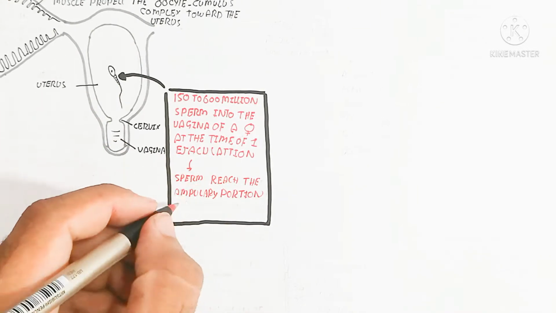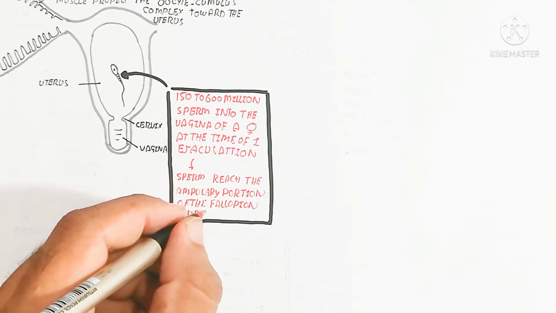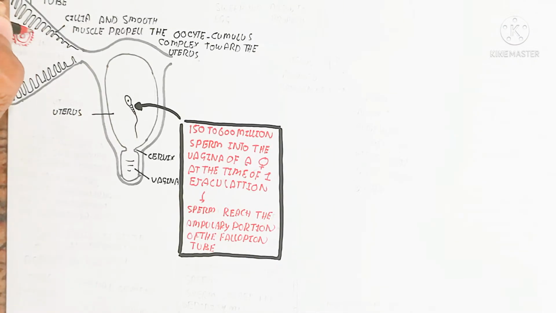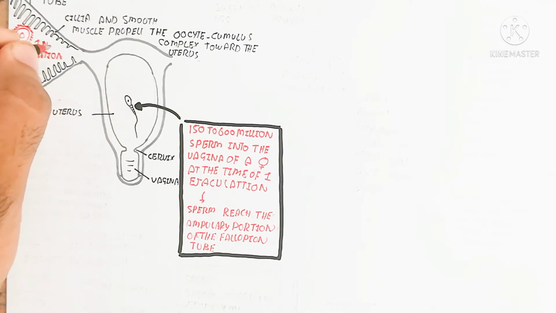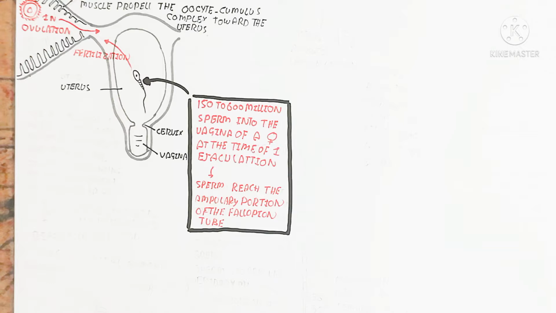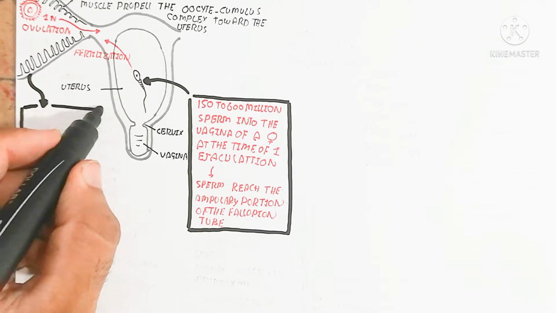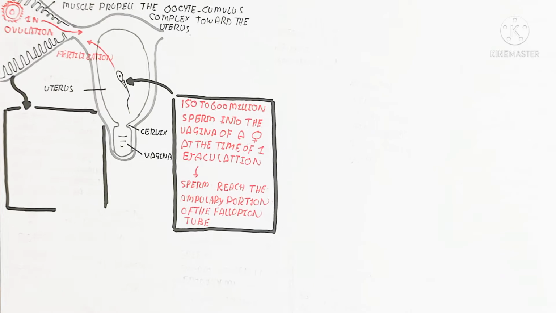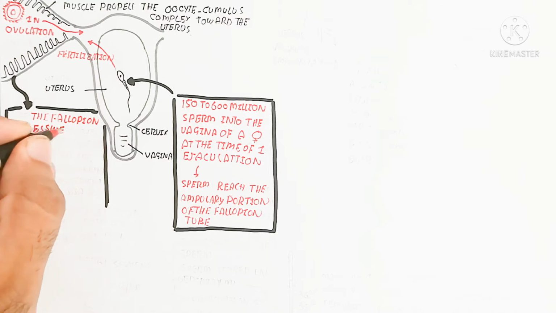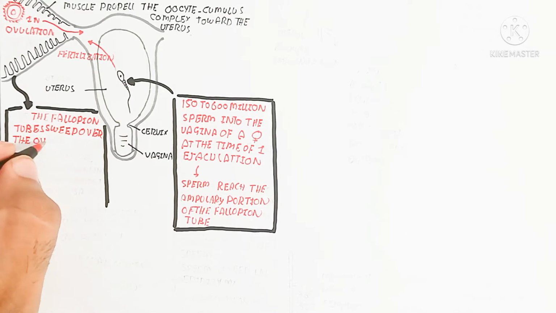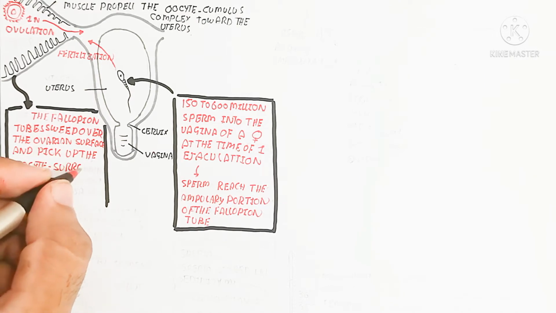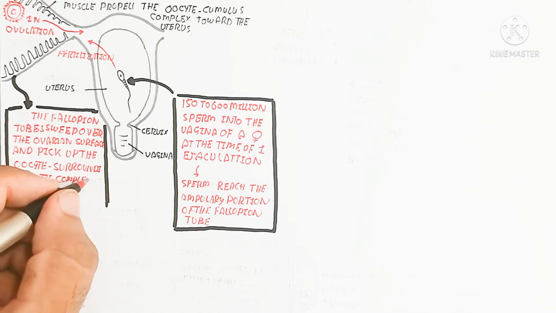The fallopian tube sweeps over the ovarian surface and picks up the oocyte surrounded by its complement of granulosa cells. The important thing is that the fimbriae are present at the beginning of the fallopian tube, which are also used to sweep up the egg during ovulation.